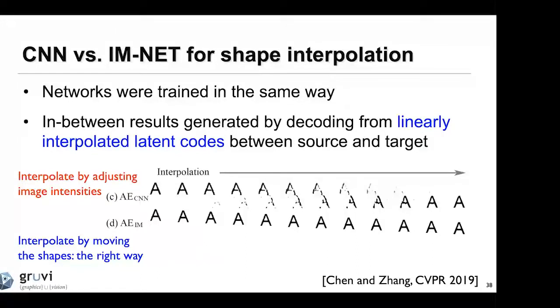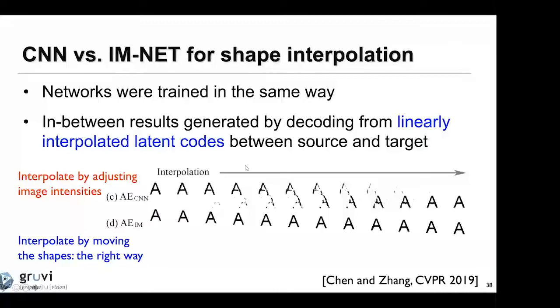It does go from this A on the left to the A on the right, but it does so in a kind of unnatural way, where you actually expect that if this A is treated as a shape, the interpolation from the left to the right should be a movement, right? This is actually what the IM-NET-based interpolation gives you. It's actually moving the A from the left to the right. So I see these two examples as a clear contrast between what's happening with the CNN-based decoder versus what's happening with IM-NET.